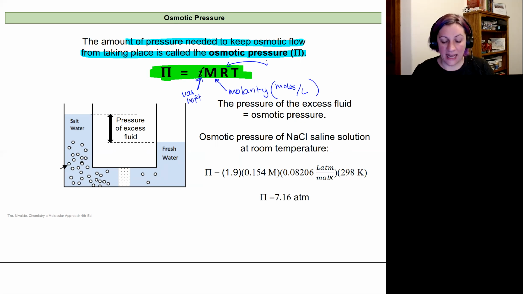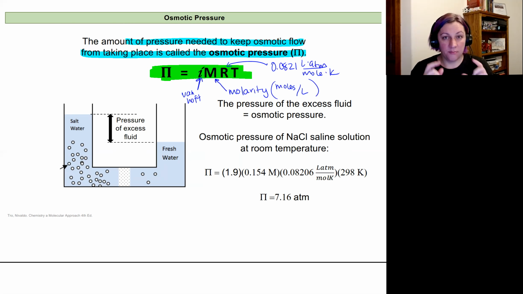R is our gas constant, and we're going to use the version of our gas constant that has atmospheres in it, so that's 0.0821 liters times atmospheres divided by moles Kelvin. And we have temperature, which will always be in Kelvin, so we don't have a zero that we're multiplying everything by.